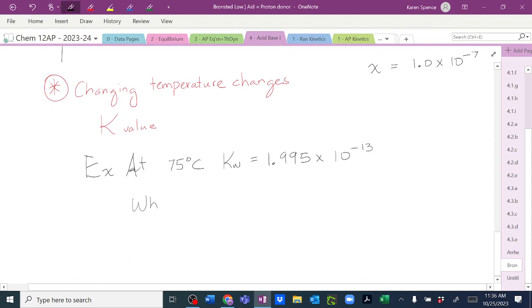So what is the concentration of hydrogen and the concentration of hydroxide at 75 degrees Celsius in your water? Do you guys think you could solve that?